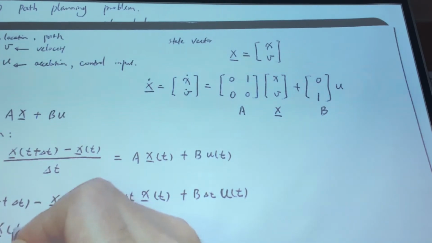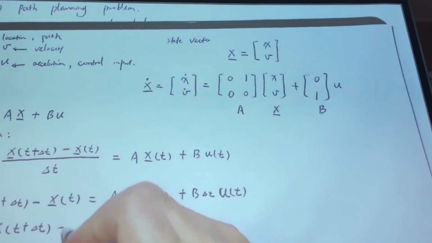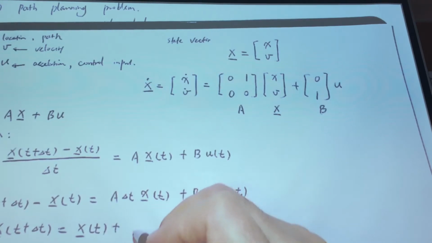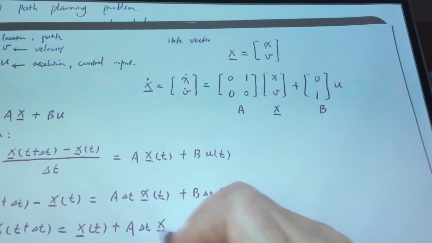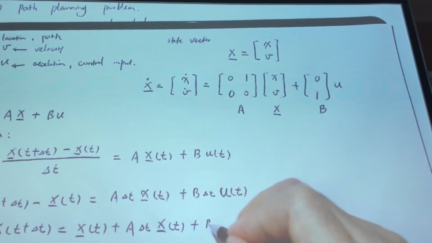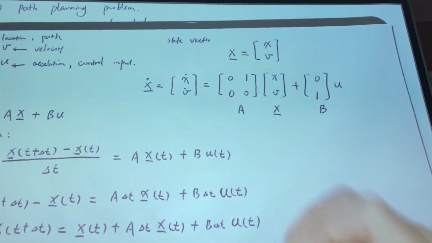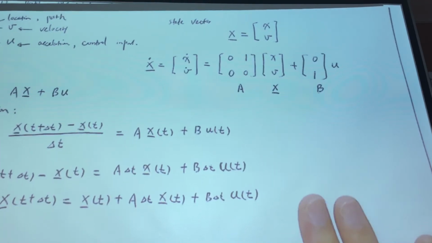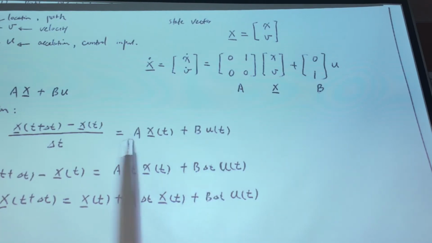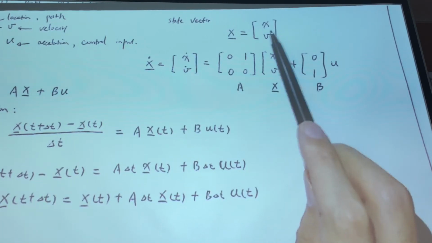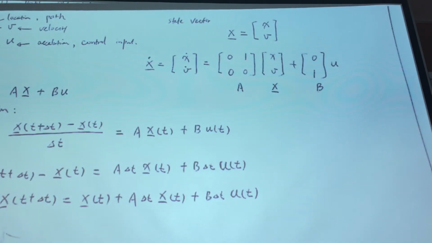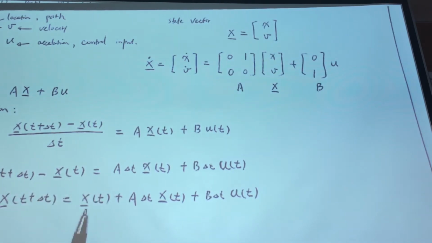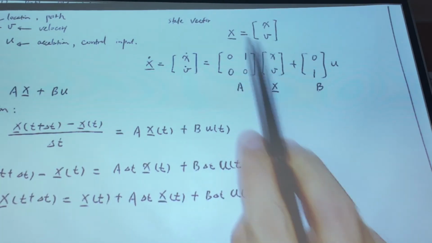So x at t plus delta t equals xt plus A delta t xt plus B delta t ut. The x is defined by x and v, the state vector. We expand this equation into a matrix form by using this definition.